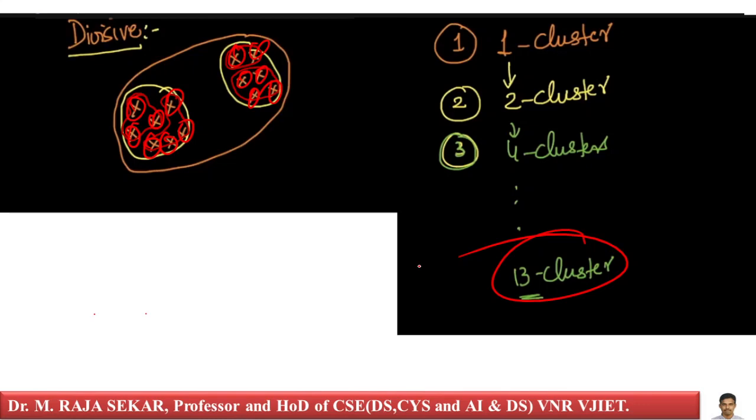Agglomerative does the other way around. Agglomerative is the more popular one, that is typically studied, implemented and used. There is one problem with divisive clustering: how to divide is the big question.